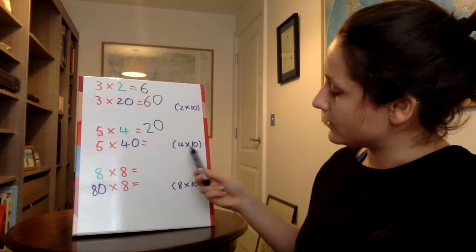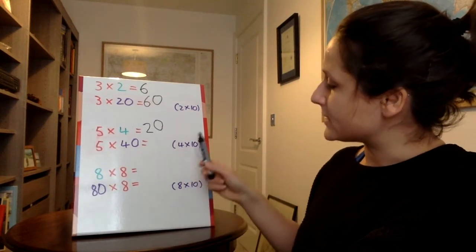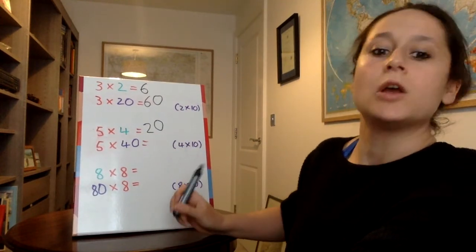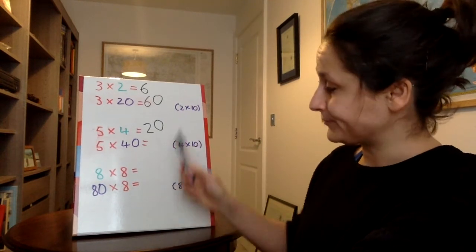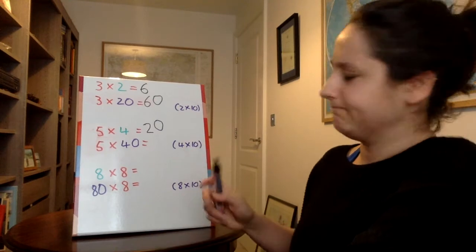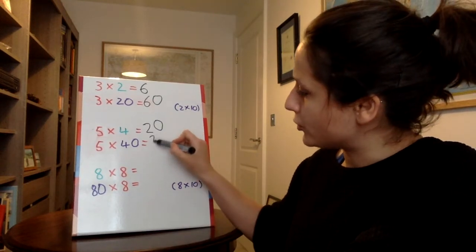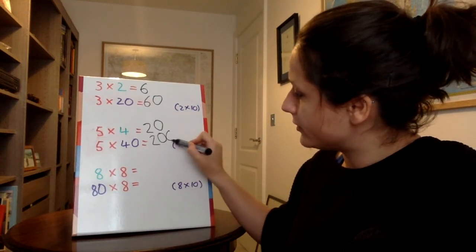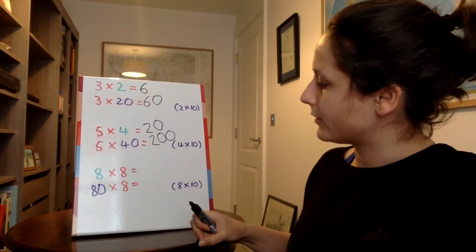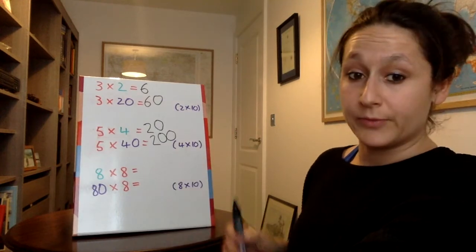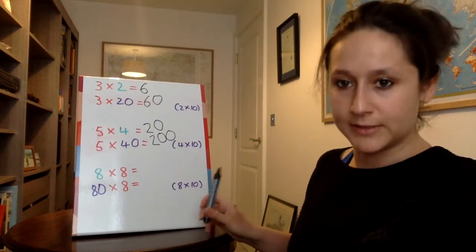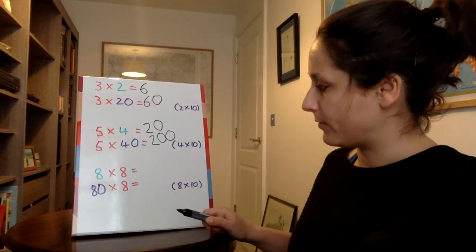Now, if you come over here, we know that 40 is 4 times 10, so it's 10 times bigger than 4, so that's what needs to happen to our answer. 10 times 20, a little bit tricky, but is 200, okay, because it is 10 times bigger than that 20, all right? Now, if you've figured out this pattern already, you can come down here and have a go yourself, or you can follow on with me, okay?